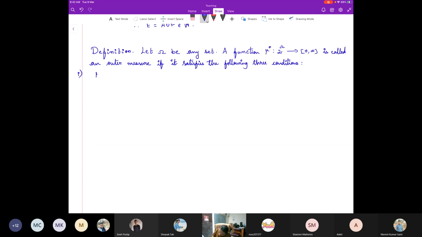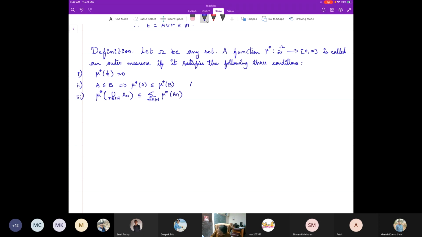First one, mu star of the empty set is 0. Second, monotonicity: A contained in B implies mu star A is less than or equal to mu star B. Third one, countable subadditivity: mu star of the union is less than or equal to the sum of the individual ones.